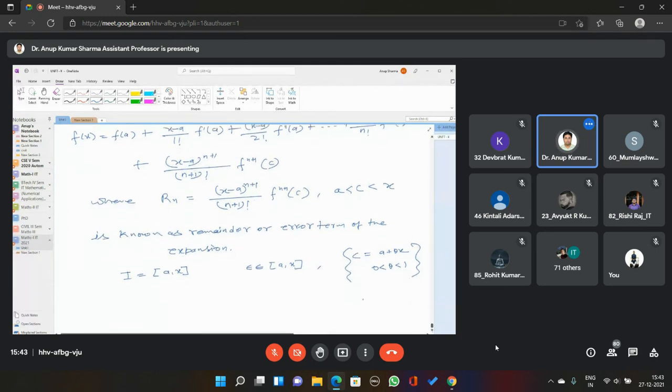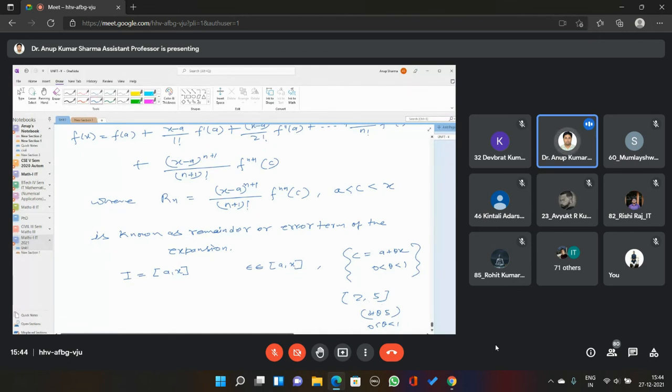See, when we take the interval 2 comma 5, so when we write 2 plus theta times 5, theta is less than 1 and greater than 0. So obviously 2 is the lower limit. In the given interval 2 and 5, the values may be 2.5, 2.6, 3, 4, 4.9 and so on.